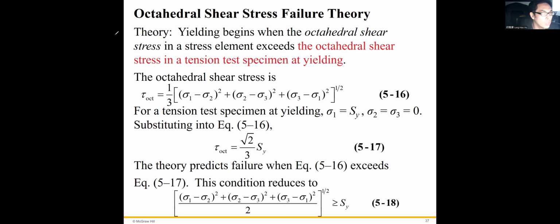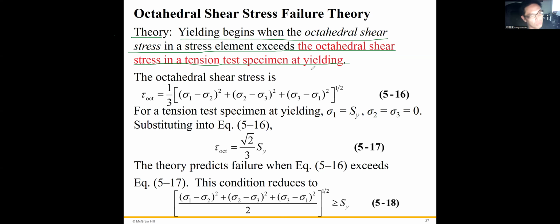Now we can use the octahedral shear to evaluate the failure of ductile material under static loading. The theory is that yielding begins when the octahedral shear stress in the stress element exceeds the octahedral shear stress in a tension test specimen at yielding.